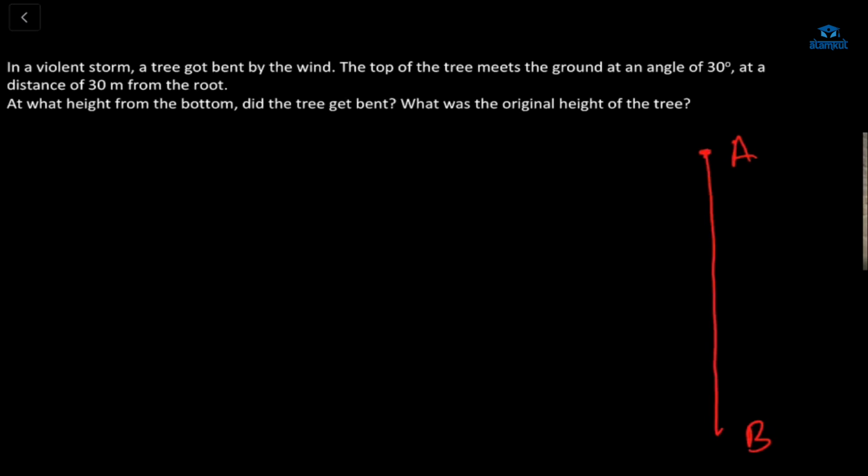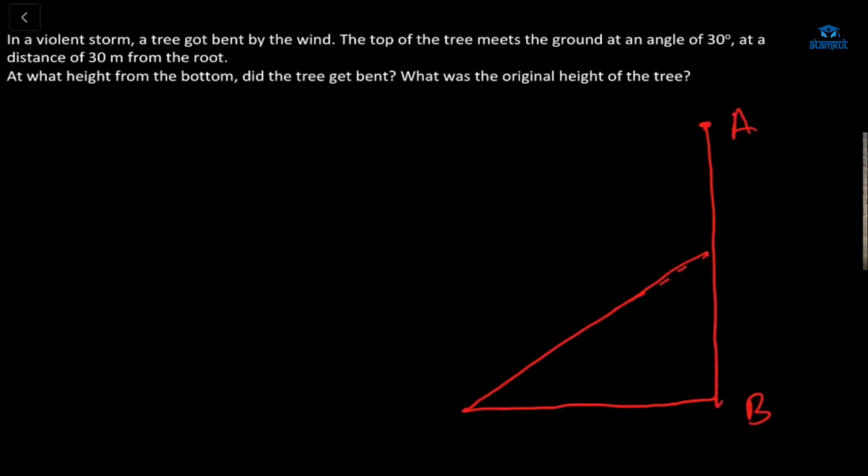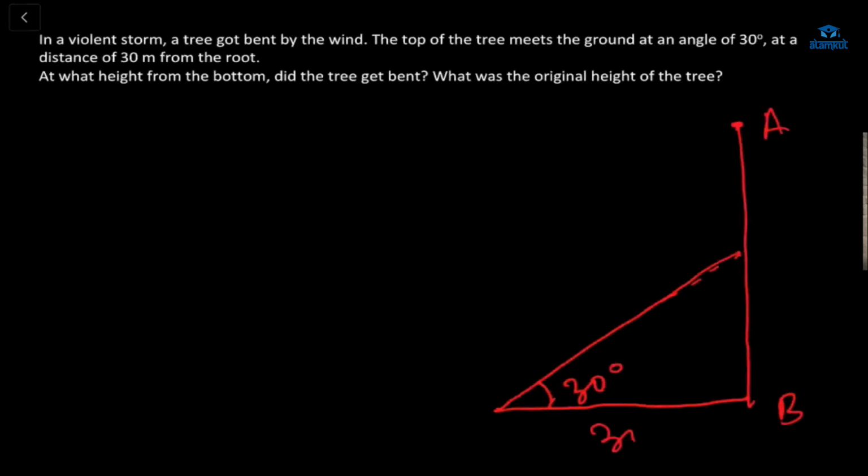We don't know from where it got bent. It is telling you the top of the tree meets the ground at an angle of 30 degree. So this is 30 degree. This A point only got bent. Understood? So now this whole tree, and what is your base? Base is given as 30 meter.